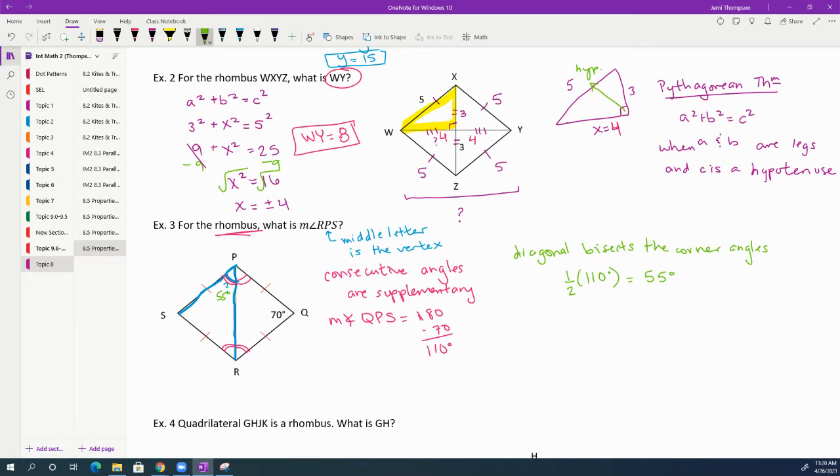So this angle here, RPS, is going to be 55 degrees. And actually, just by knowing this one angle, 70 degrees, I can find every angle in this picture. It's enough information.